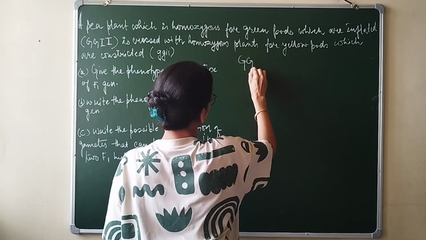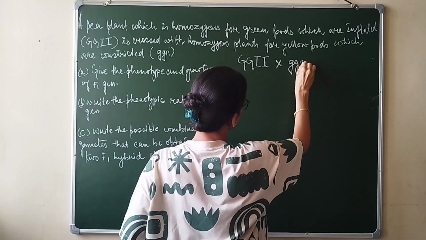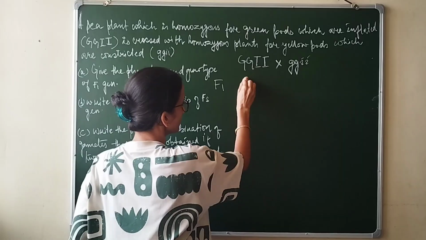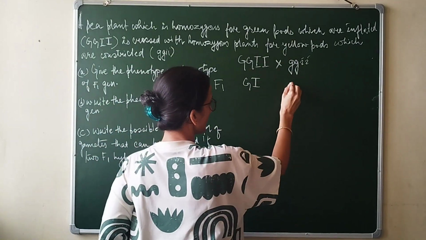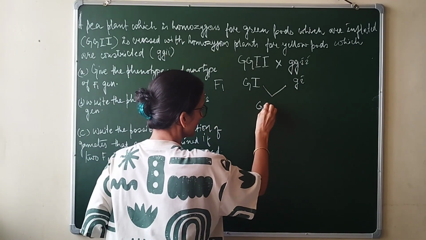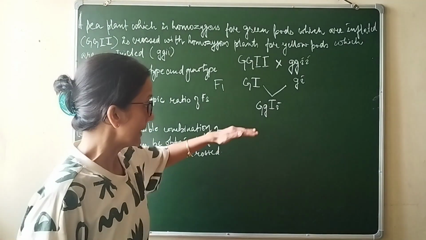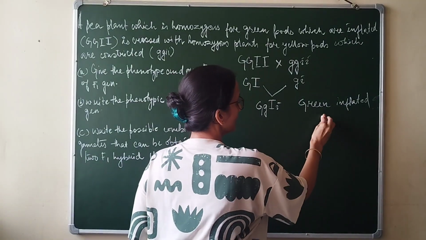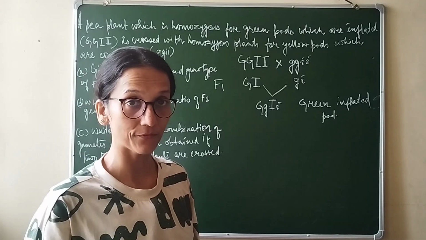The cross is capital G, capital I crossed with small g, small i. So in the F1 generation, this individual will produce gamete capital G, capital I, and this plant will produce gamete small g, small i. So when they combine, capital G, small g, capital I, small i is what the F1 generation genotype is, and the phenotype will be green inflated pod. So the plant will be produced with green inflated pod.